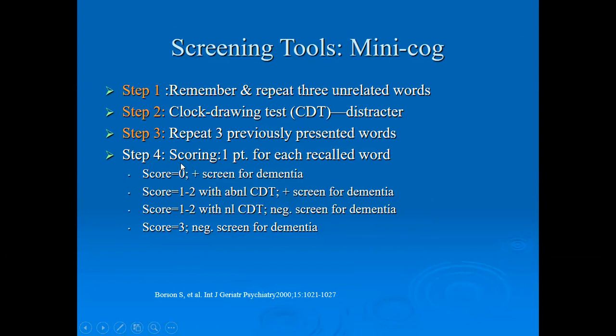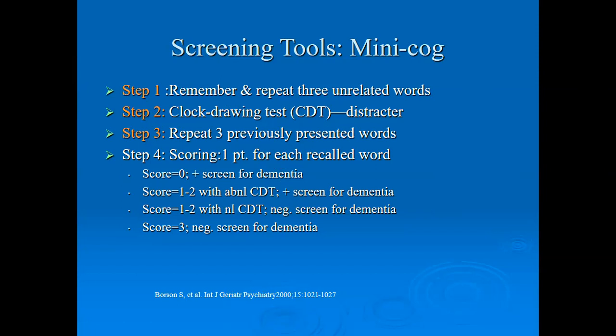If the patient is not able to remember any of the 3 words and is not able to draw a clock, it is positive for dementia. You would like to refer this patient for further evaluation by the psychiatrist, or assess the correctable causes for dementia, maybe some infections going on. So this patient is positive for dementia for sure.